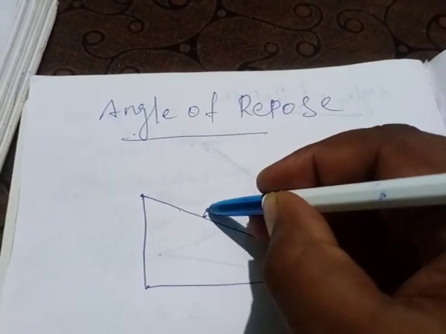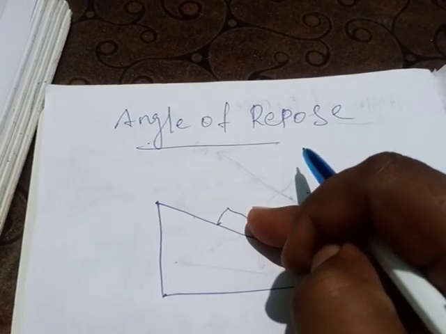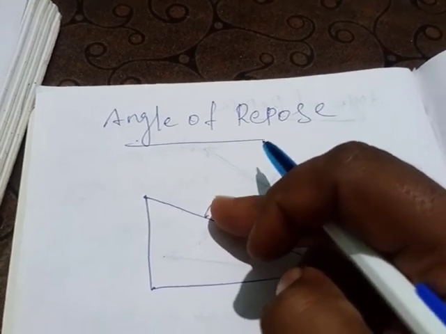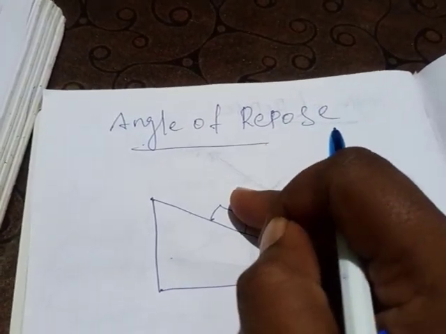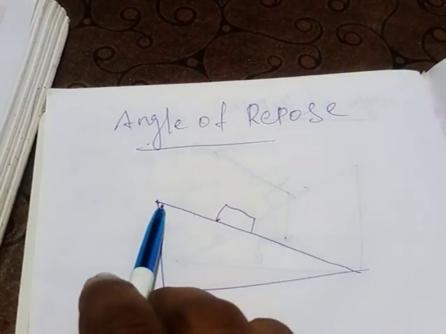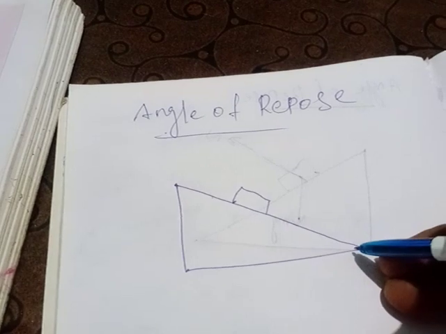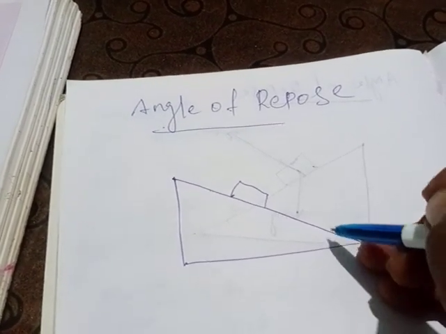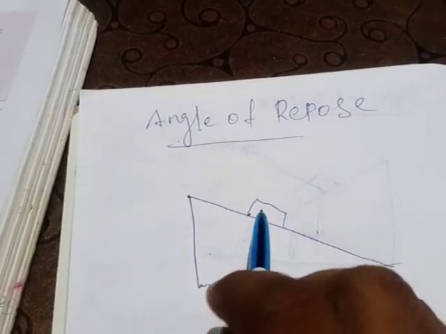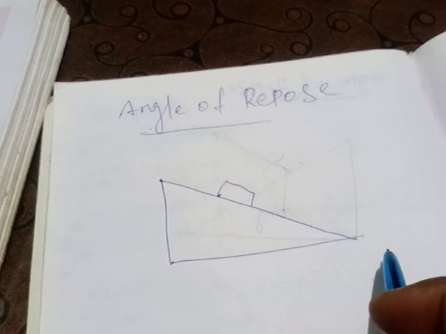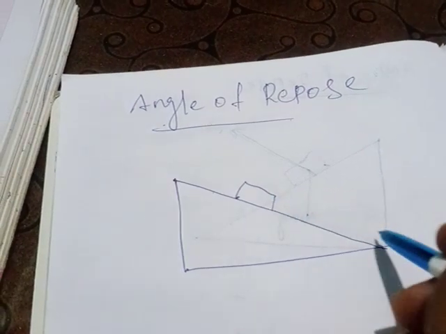On this inclined plane I am keeping an object, and the plane makes an angle theta with the horizontal. Assume that this inclination angle theta is very small. Then we know that the object will not slide down. If we reduce the inclined plane angle theta, the object won't move in the downward direction.